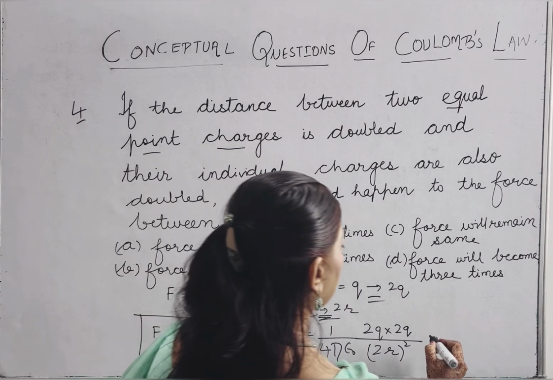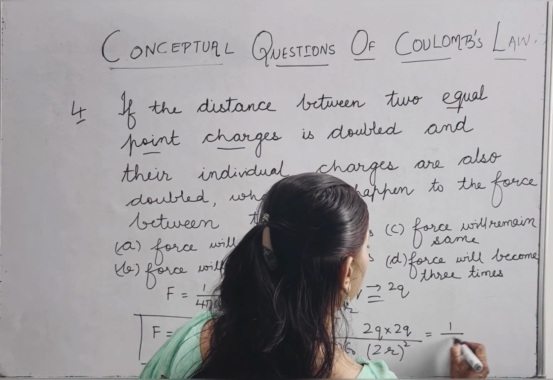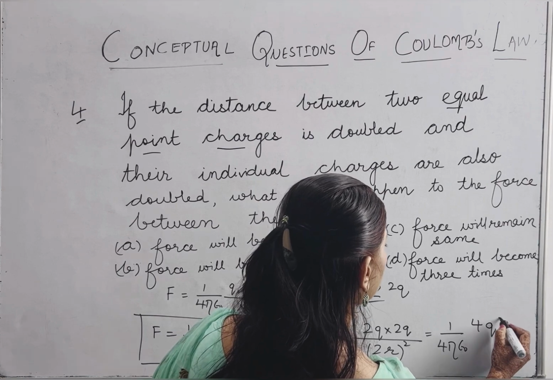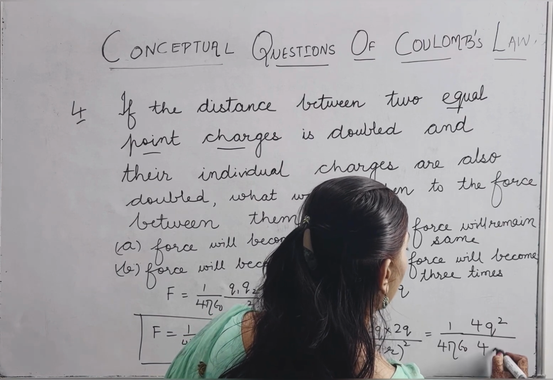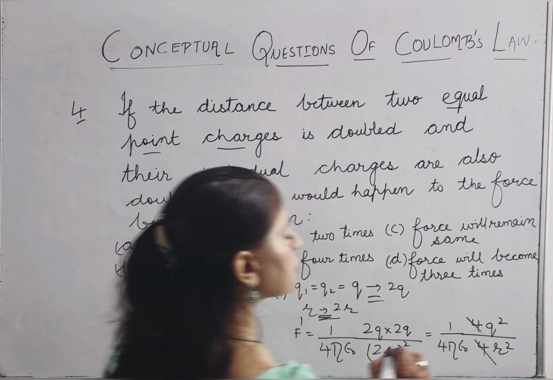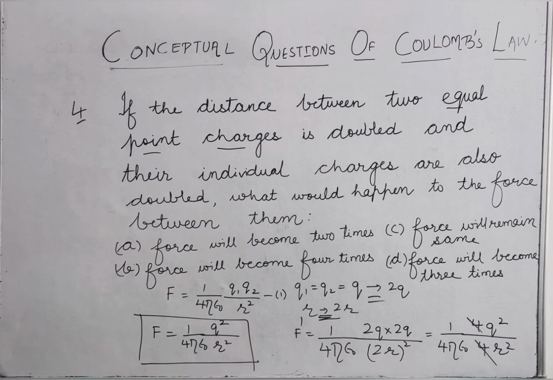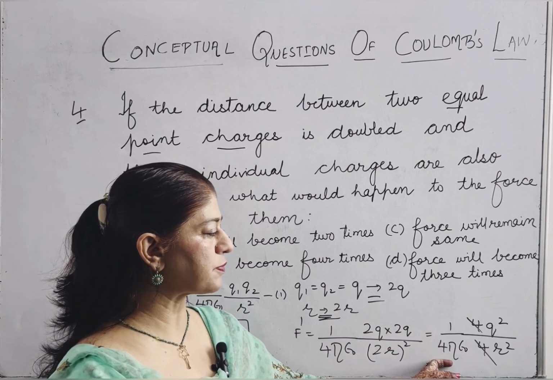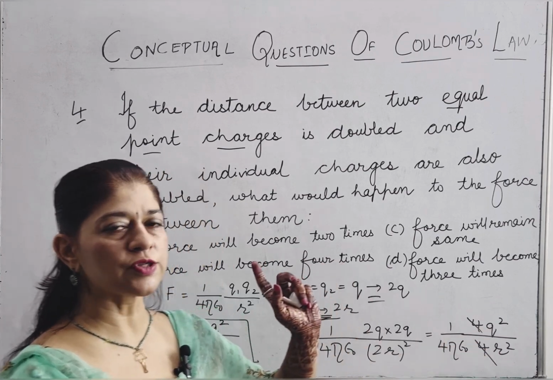Now we find 1 upon 4 pi epsilon naught 4Q square over 4R square. 4 cancels with 4, and we can see the initial force is 1 upon 4 pi epsilon naught Q square by R square, and the changed force F dash is also 1 by 4 pi epsilon naught Q square by R square.